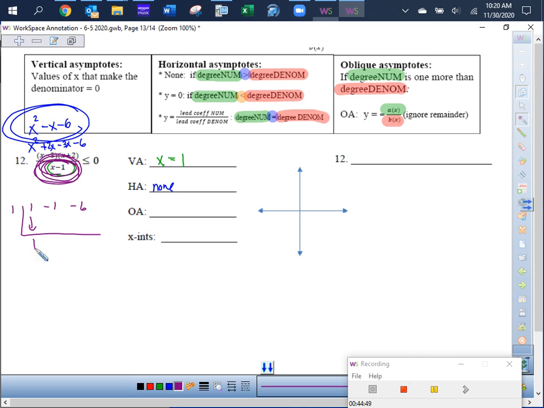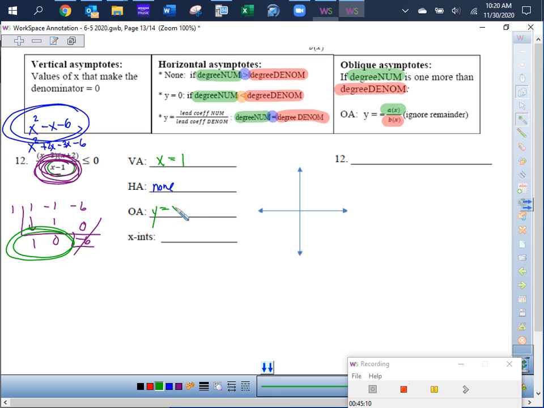1, 1, 0. And this stuff doesn't matter because the remainder we just kick out. So y equals whatever this translates to. What does the 1 mean? 1 what? 1x.